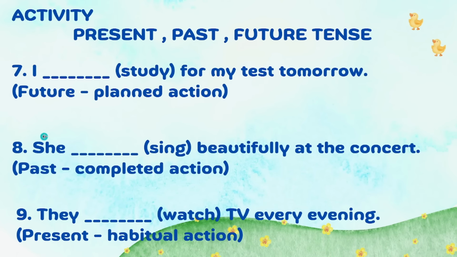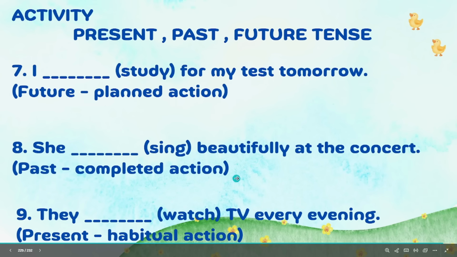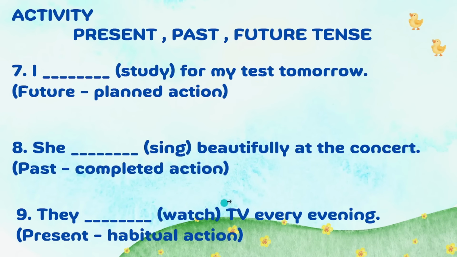Alright, for number 8, past. So she, what's the correct answer? Sang beautifully at the concert. Okay, and then they, why sang? Because it's past. So they, present, they watch TV or television every evening.